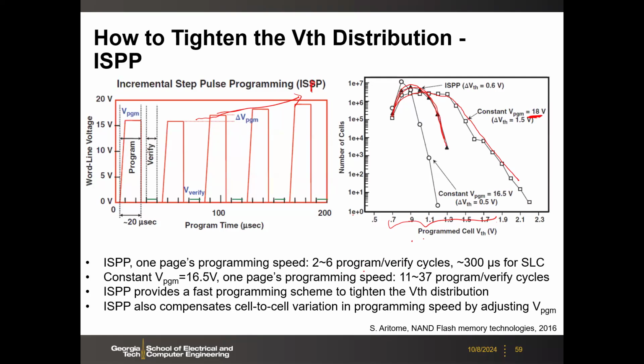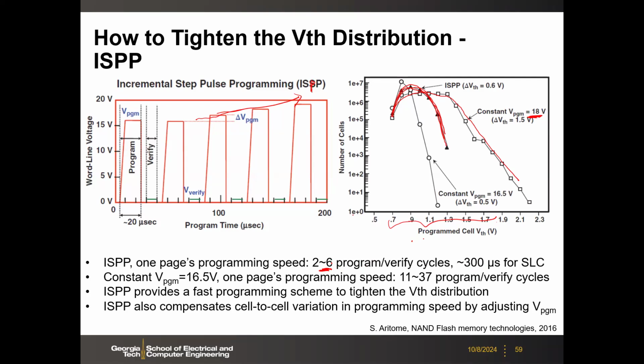If you do ISPP, then you may need 2 to 6 program and verify cycles to reach this particular distribution. And in total, you are going to spend about 100 microseconds.